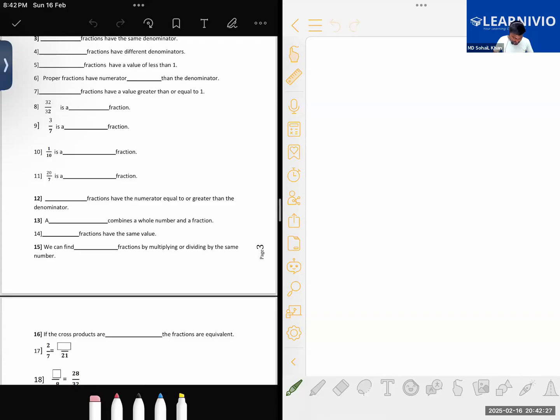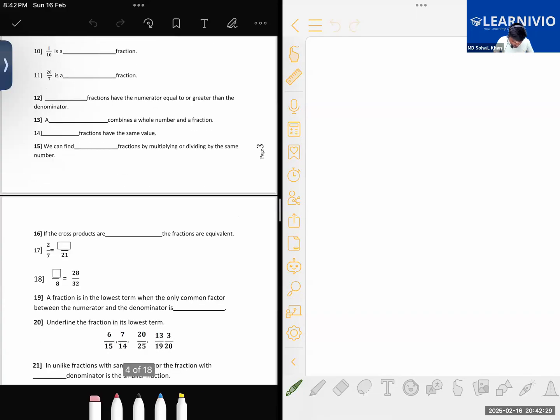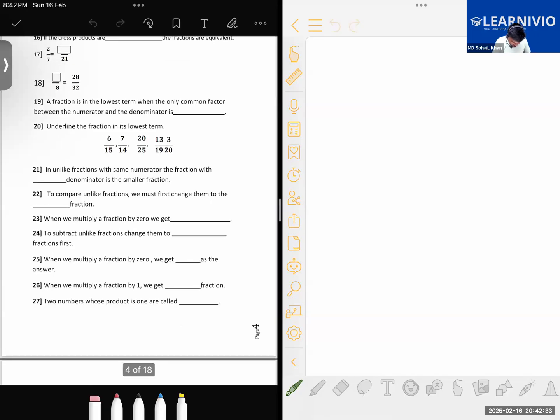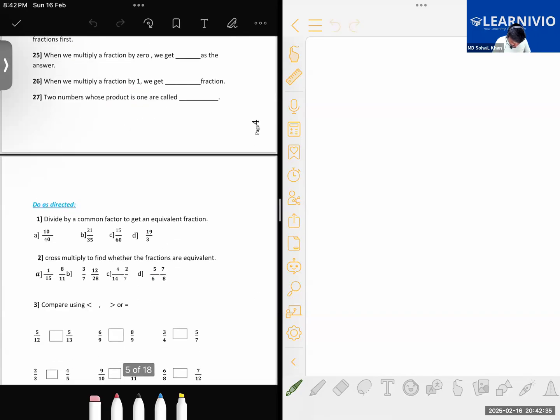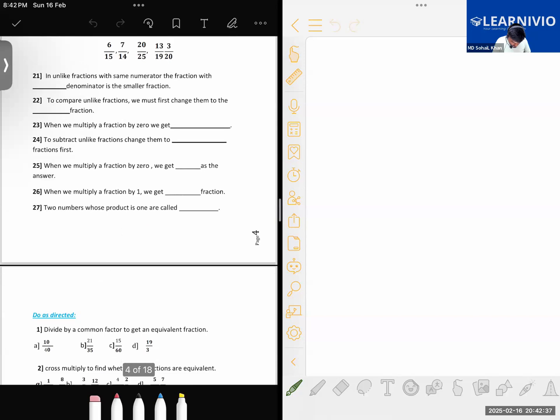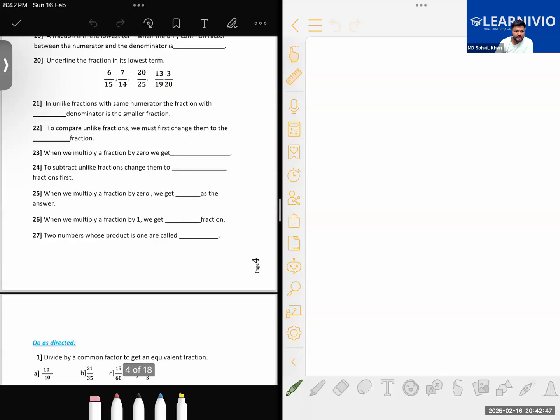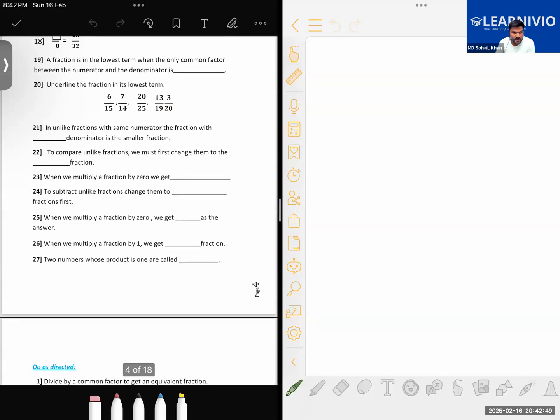Okay. Question number 20, we have done that. Up to question number 20 we were done, right? This one, underline the fraction in its lowest term. So we'll be continuing with question number 21.